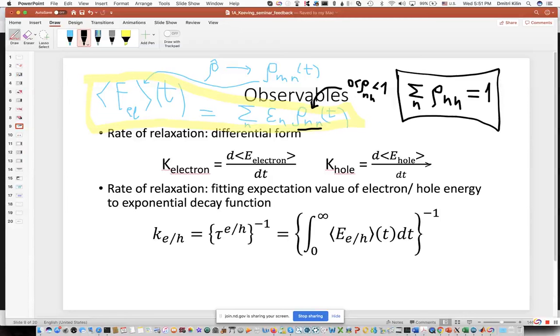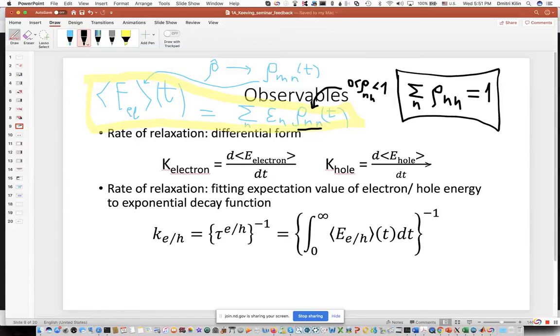All right. So the rate of relaxation for my electron and my electron hole, which is essentially the time it takes for the electron and the hole to return to their original state, on one hand can be calculated as the rate of change of my energy expectation values over time.